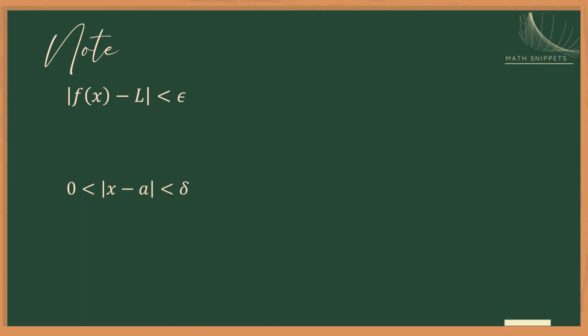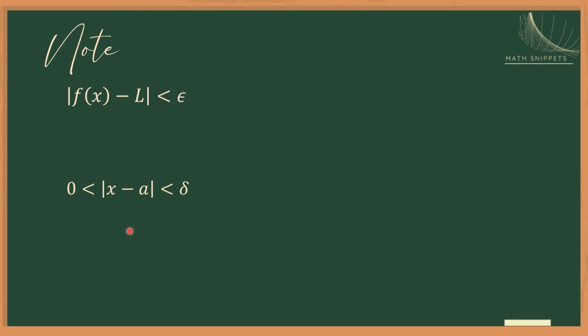The definition says that for an arbitrary epsilon, meaning we can pick any value for epsilon, there exists a delta, meaning we can find a delta, such that if this condition is true, then this condition is true.